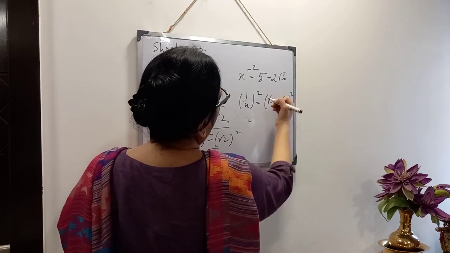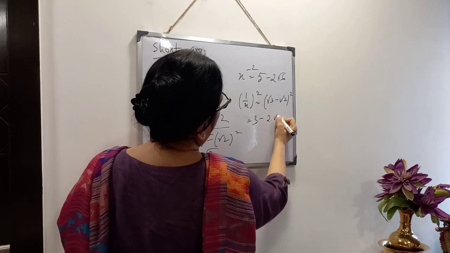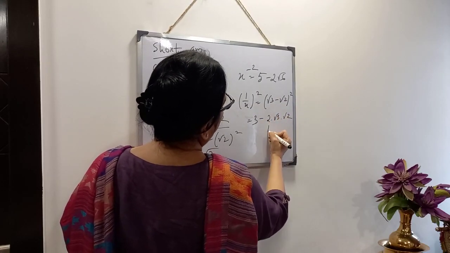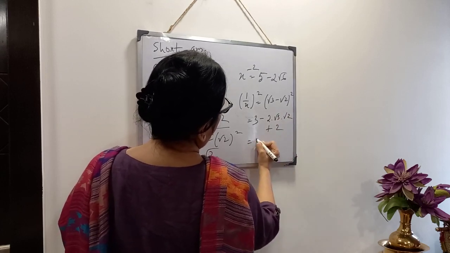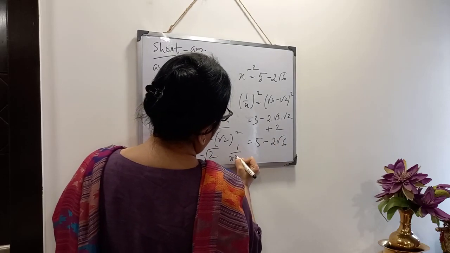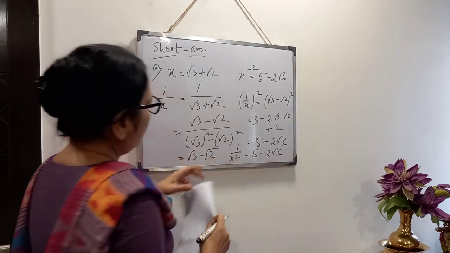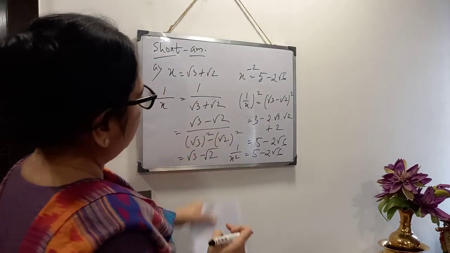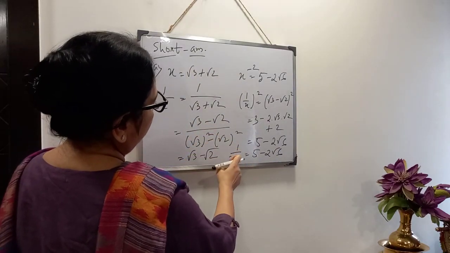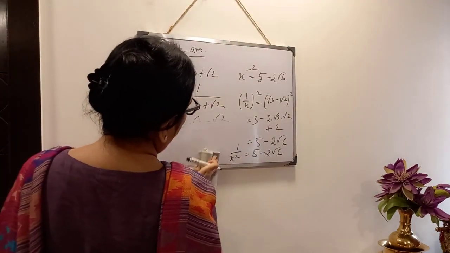A minus b whole square formula. A square minus 2ab plus b square. So it is coming 5 minus 2 root over 6. So we are getting 1 by x square equals to 5 minus 2 root over 6. When this x will go in numerator, its power will be negative. So it will become x to the power minus 2.